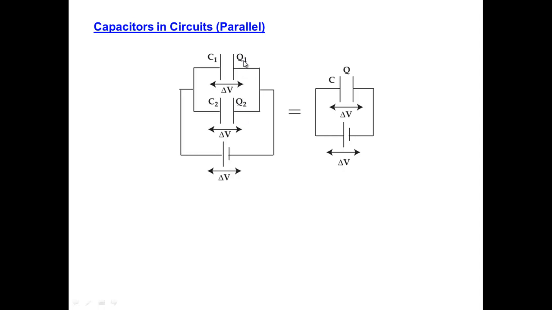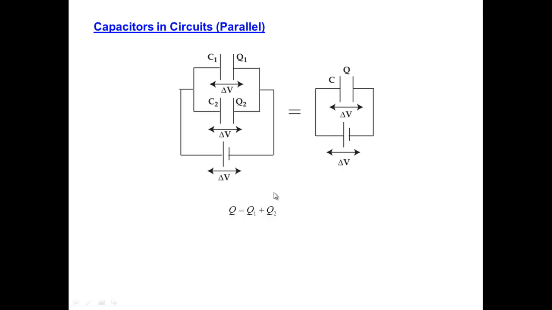However, the sum of the two charges will be the same as the Q over here in the equivalent circuit, and we'll use that as our starting point. The reason I know this is because charge is conserved. Whatever charge leaves the battery in the net sense, we'll call that Q in the equivalent circuit, is the same as the sum of the two charges that leave the battery in the original circuit.